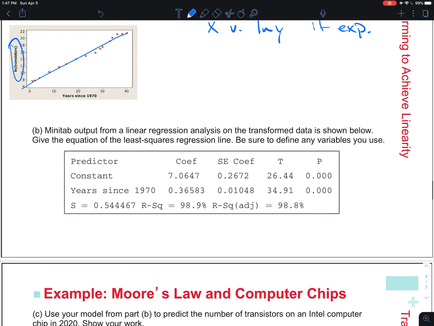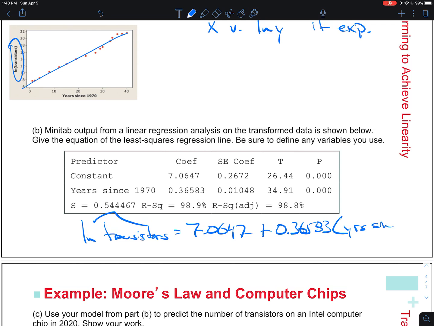So given all that, we're going to define this as natural log transistors hat equals 7.0647 plus 0.36583 times years since 1970. There we go. There's our equation.